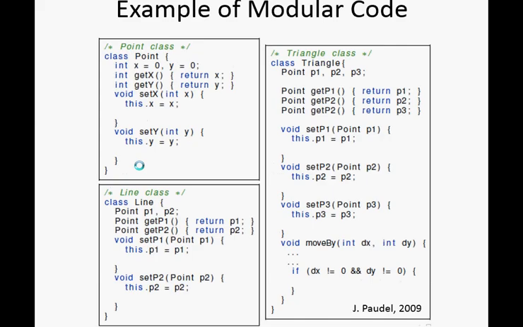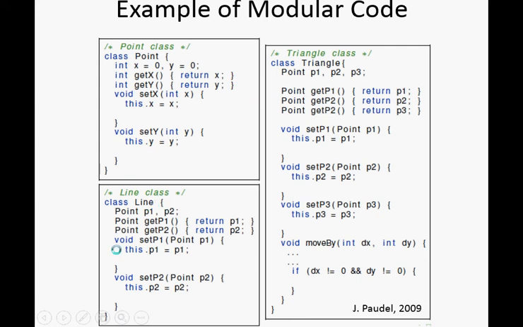Okay. So imagine we have this instance where we have a class of points and a class of lines, and then a triangle class. And you'll notice that there's some composition here, or some reuse of these lower level constructs, namely point, by the two higher level ones. Triangle uses points, and line uses points.